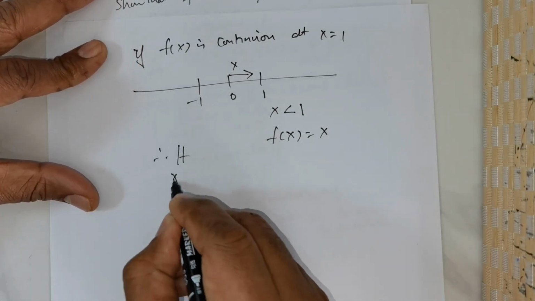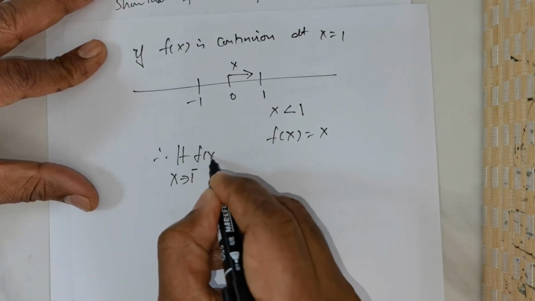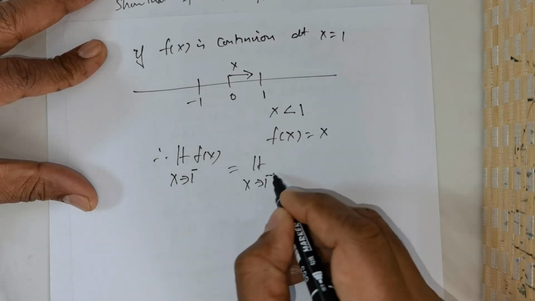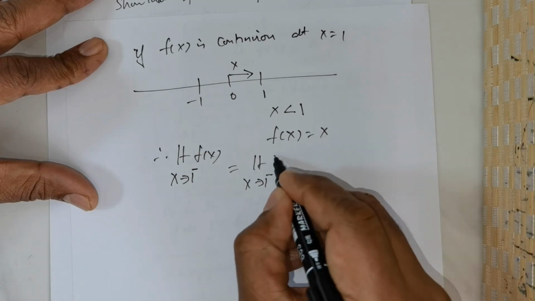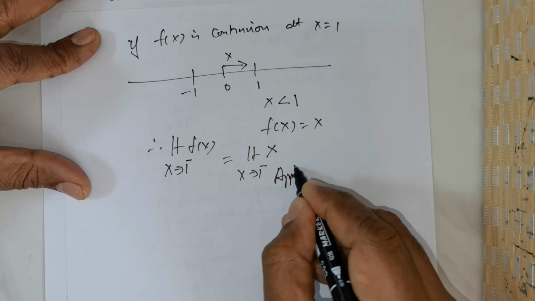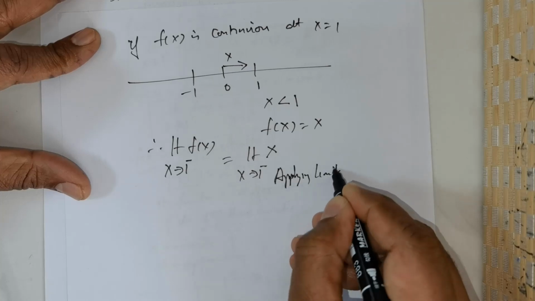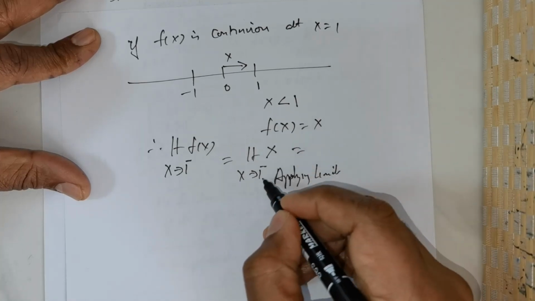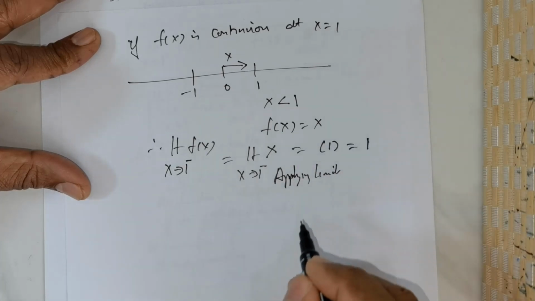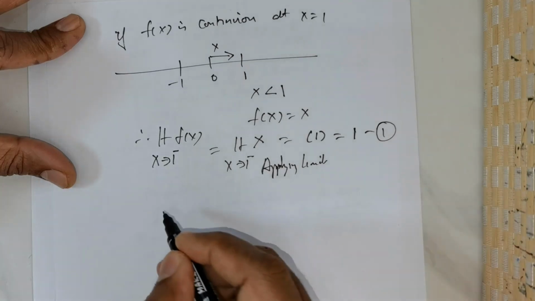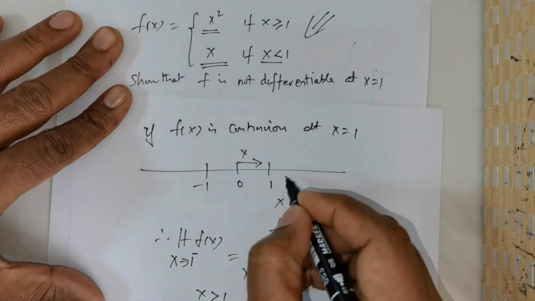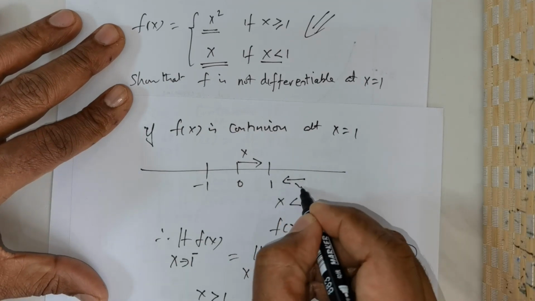So therefore find the limit of this function. Now what is this equal to? Limit x tending to 1, you can place the minus sign, f of x is equal to x. Applying limits means substituting. In place of x I substitute 1. I get the value 1. Okay, fair enough. So I take it as equation 1. Now when x is greater than 1, that means x is moving towards 1 from the right side.